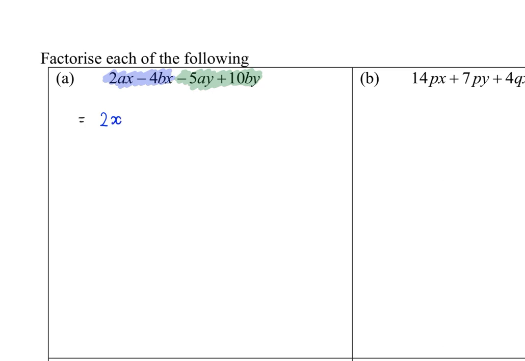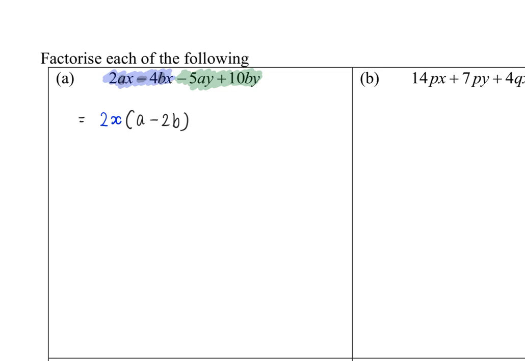That is the common factor. And I'm left with a and 2b. Not forgetting the negative 2b, because 4 divided by 2 is 2.